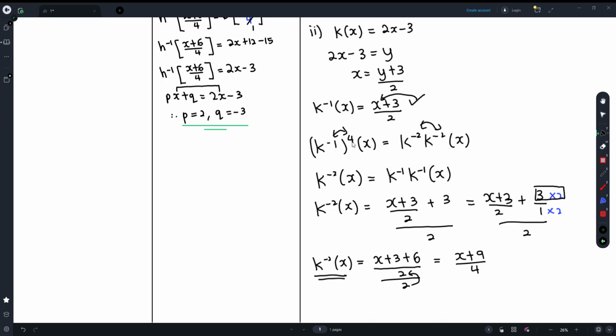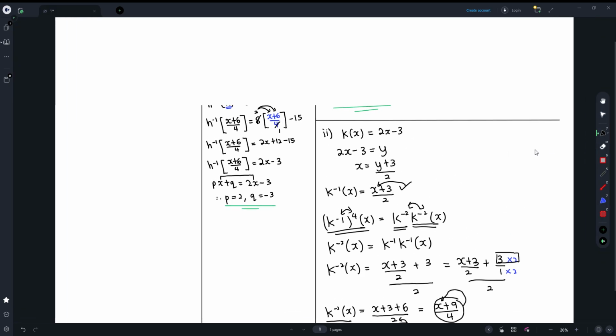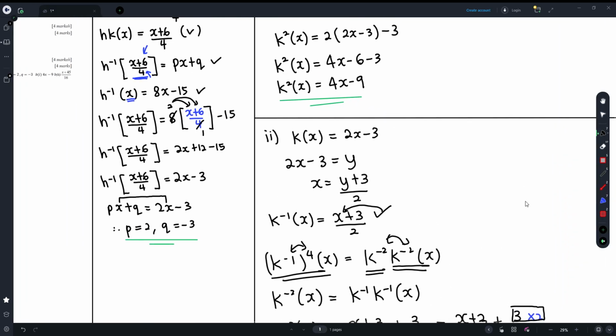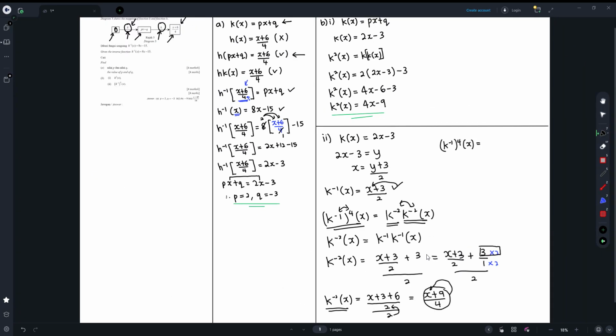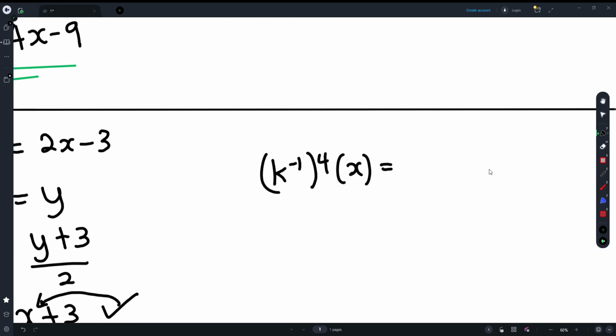So in order to find this particular value, which I said is a composite of k negative 2 into k negative 2, I'm going to take this function and put it into its own position of x. So I'll end up getting, let me continue here, k negative 1 power of 4x will be equivalent to x plus 9 over 4, so it's going to be x plus 9 over 4 plus 9 over 4.